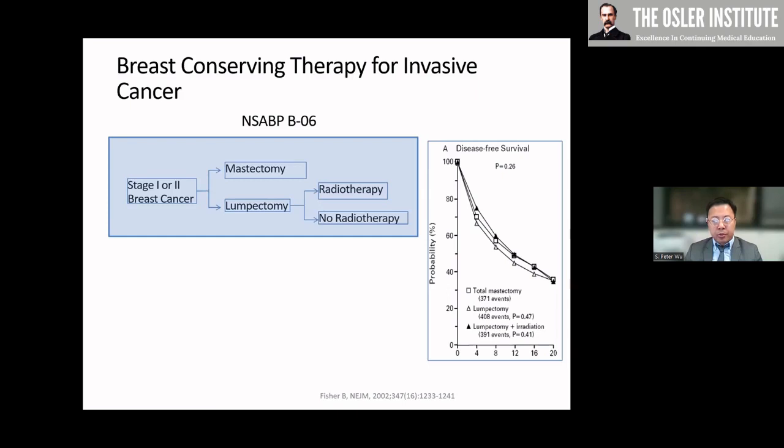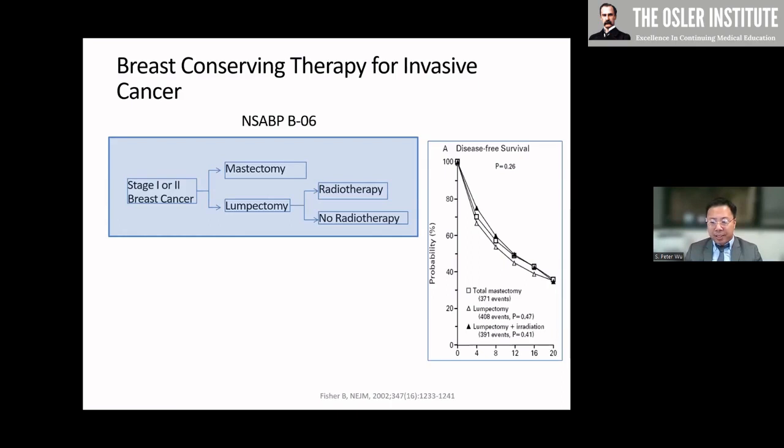And these were stage 2 or stage 1 breast cancers. And as we see, the patients receiving radiotherapy, the triangles here, have a better overall disease-free survival than those who do not. And this was the genesis of all of the various literature that we are well aware of at this point.